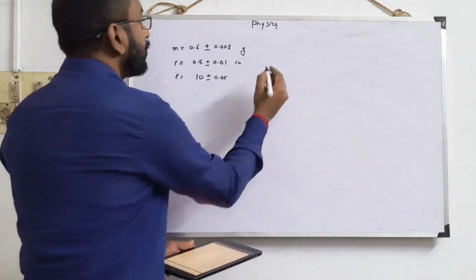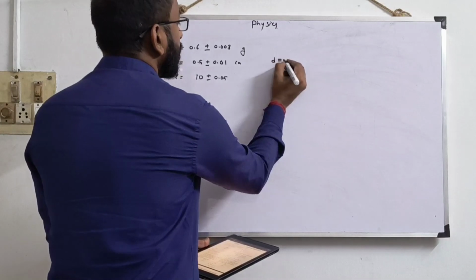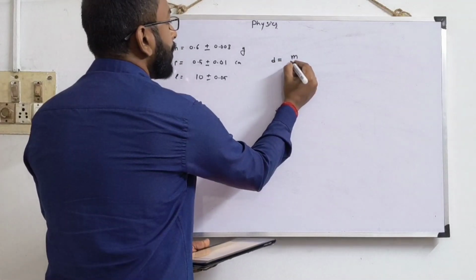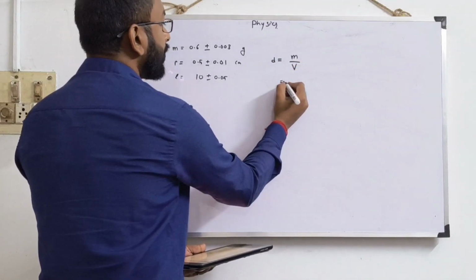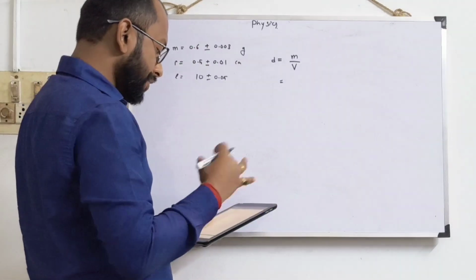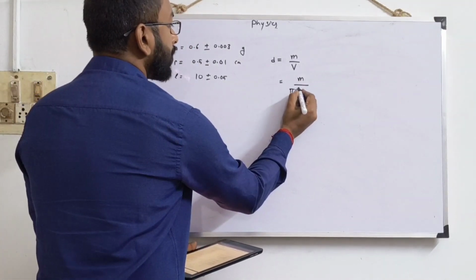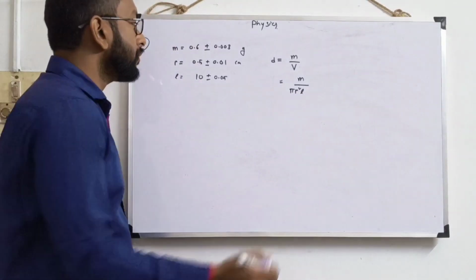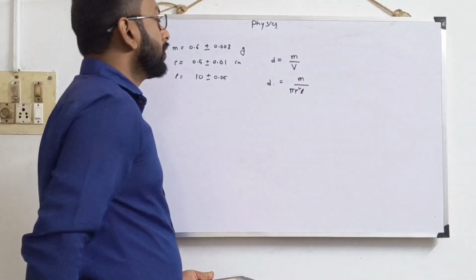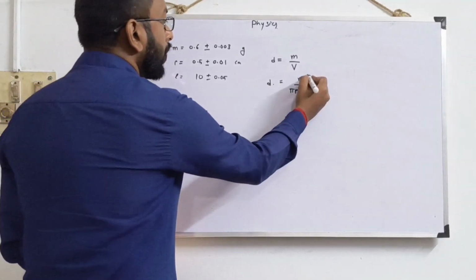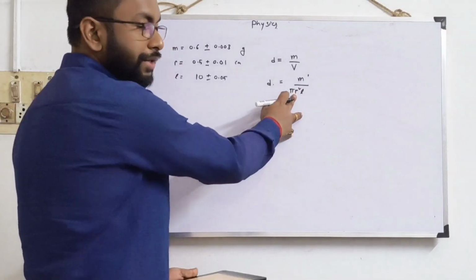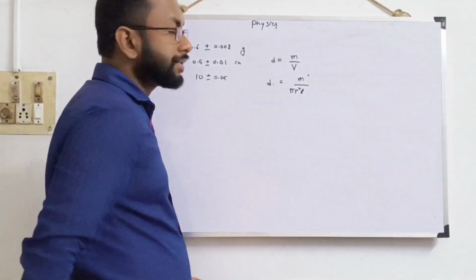Density D is m by volume. What is the volume of this wire? If it is a cylindrical wire, density is m by pi r square L. See, the power of m is 1, the power of radius is 2, the power of L is 1.